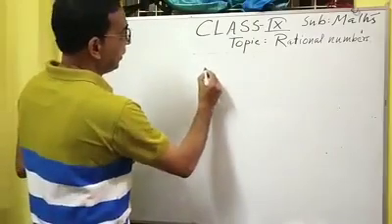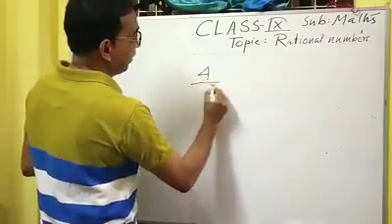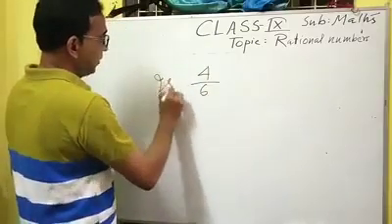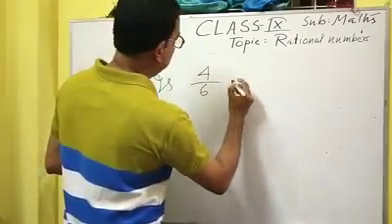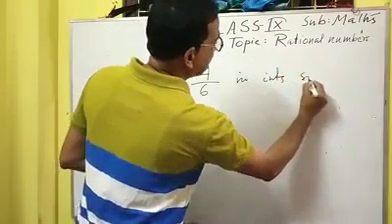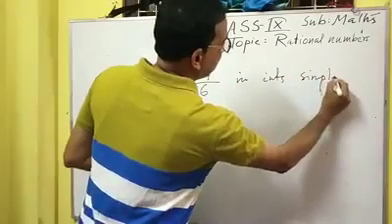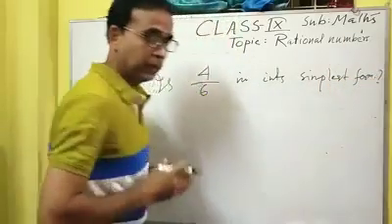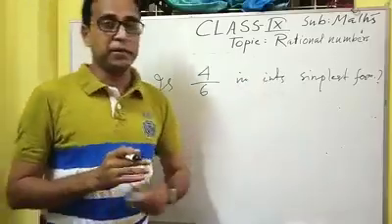Is the rational number 4 by 6 in its simplest form? How can I check it?